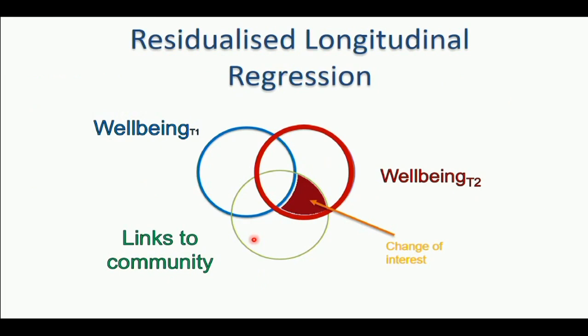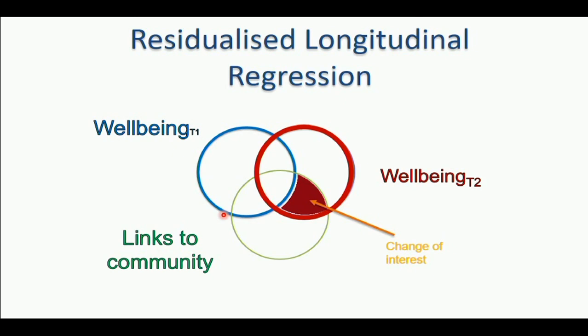Okay, so same diagram as before, but what I've done is instead of saying IV, DV, T2, DV1, I've actually put in the names of the constructs. And I think that makes it a whole lot easier to understand this diagram now.